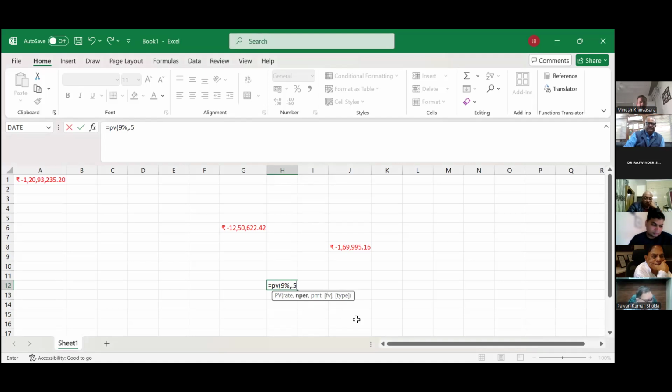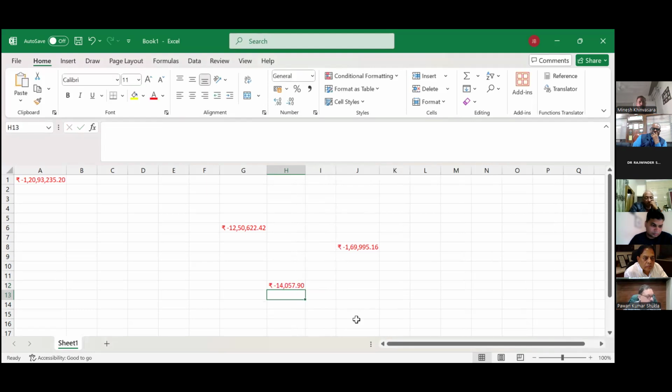Time period NPER is 3. Payment is 30,000. Nothing is to be filled in FV, just a comma and 0 for ordinary annuity. You can do it in this way.